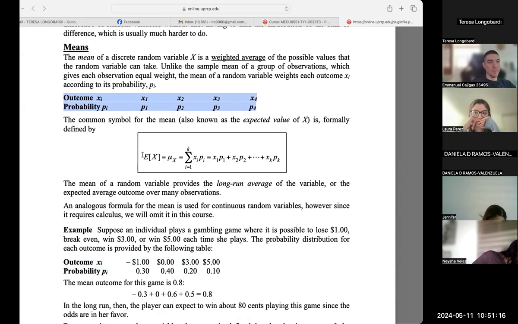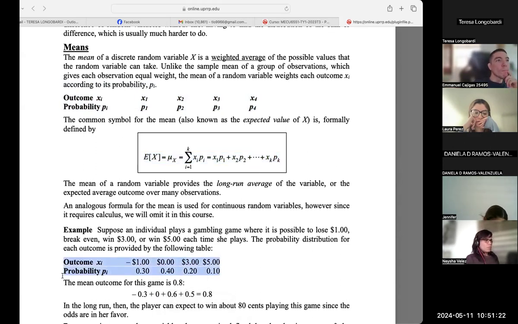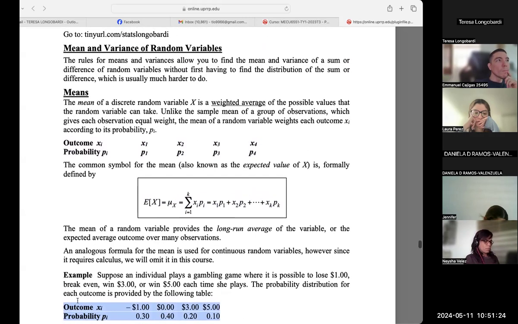Do you guys see that? Looking at this data, what's the expected value here? You have to multiply these across and add them together to get the mean. You can do that in the calculator, and this can easily be done in Excel as well.